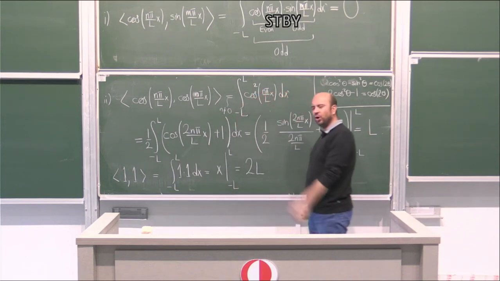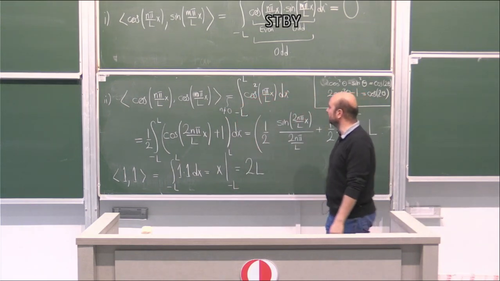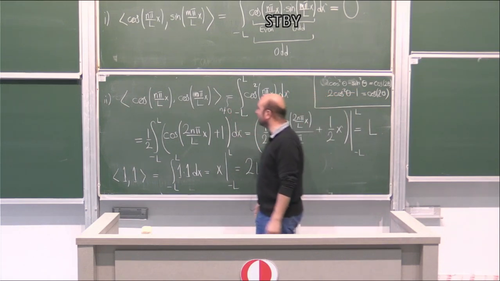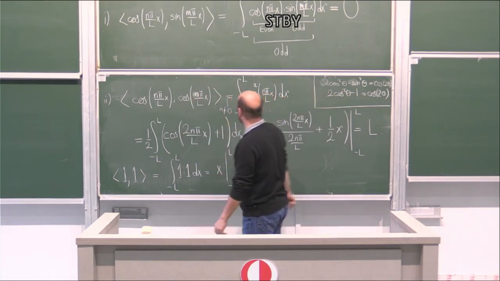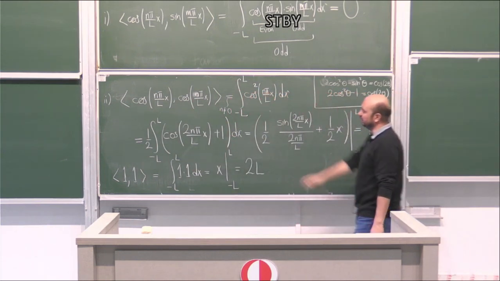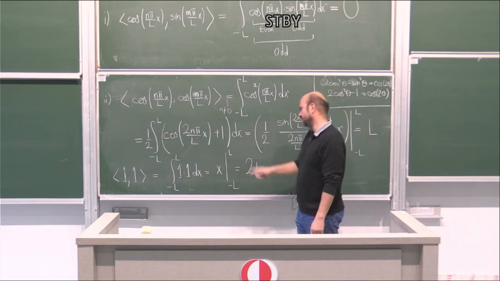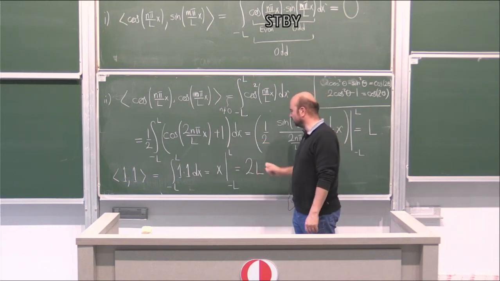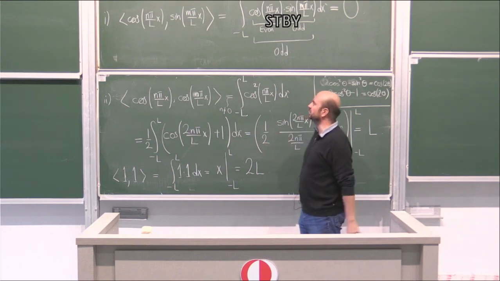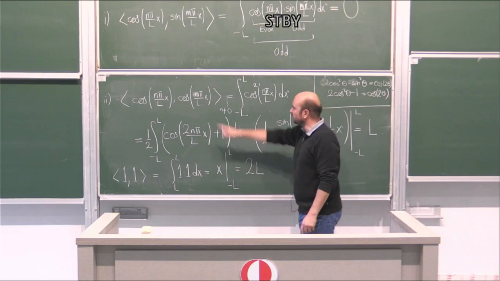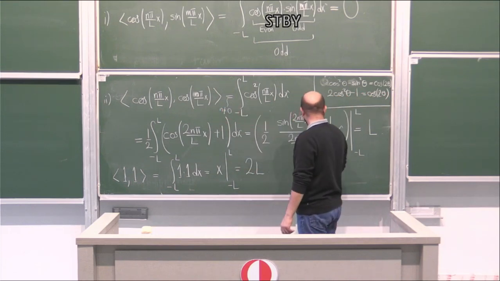So among all these cosines, other than 0, they have norm square L, but 1 tells us the norm square of this 1 is 2L. So that's one difference. You can do the same calculation for sine, and you will see the same thing for sine.